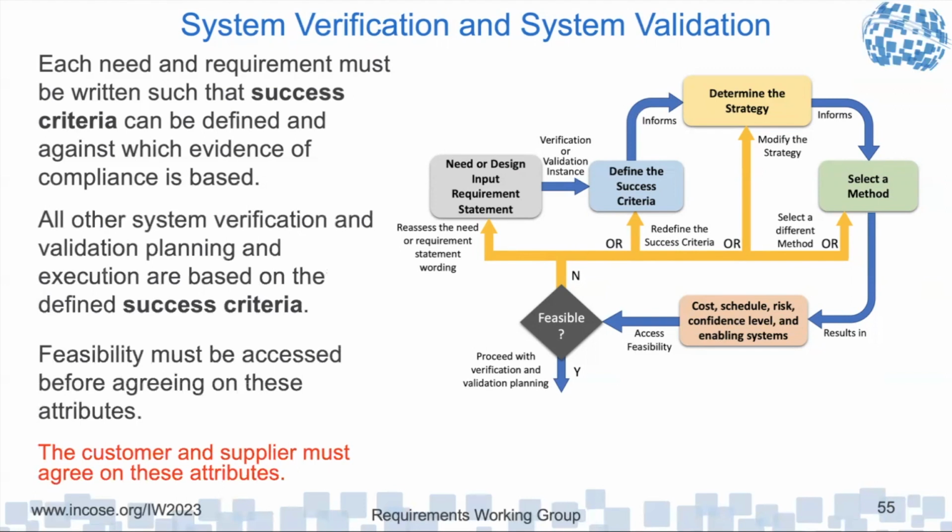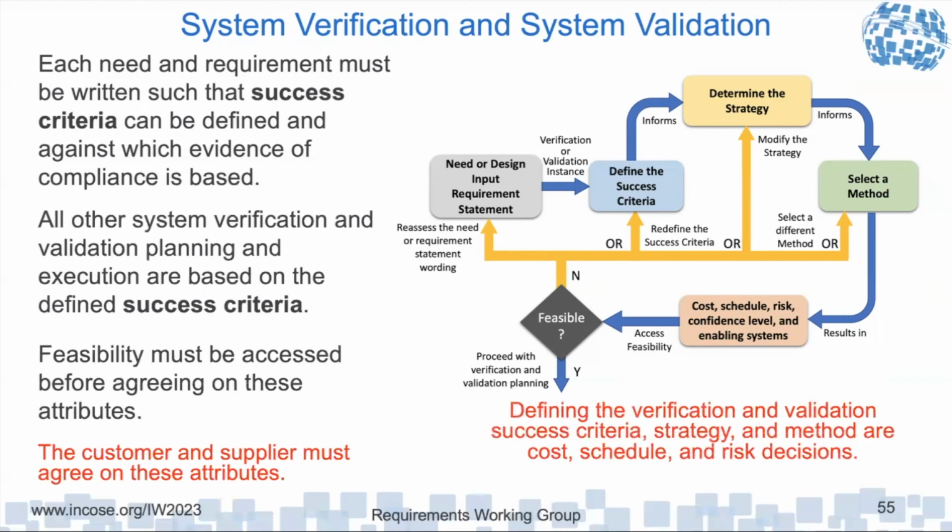And the customer and supplier should agree on these attributes, because defining verification, validation, success criteria, strategy, and method are cost, schedule, and risk decisions. And I talked about confidence level because that's important. It may be that the supplier wants to do a cheaper way. Maybe they want to do analysis or demonstration rather than test to save money.